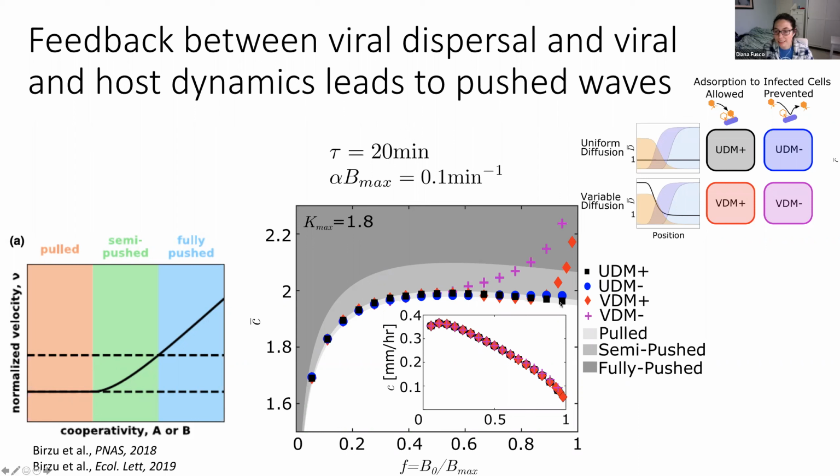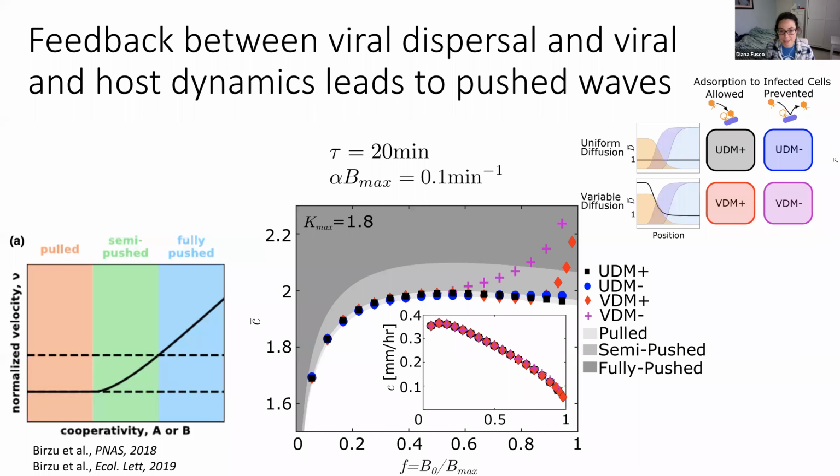And what we find, at least for the case of T7, is that as long as the diffusion is constant, then the phage propagates with pretty much a pulled wave, we can say. But as soon as we introduce this variable diffusion, instead at high density we get a transition to a push wave. And this effect is stronger when the viruses cannot infect previously infected bacteria.